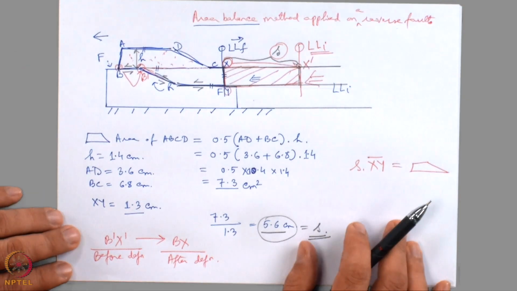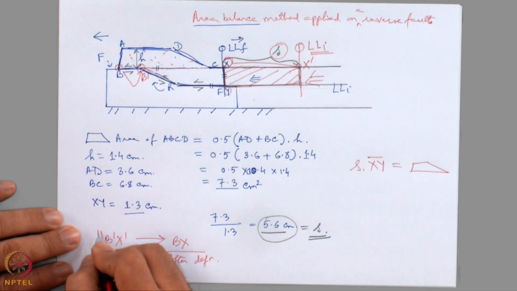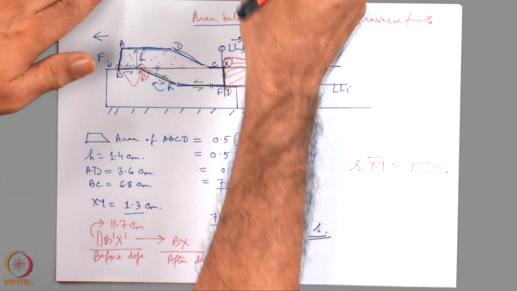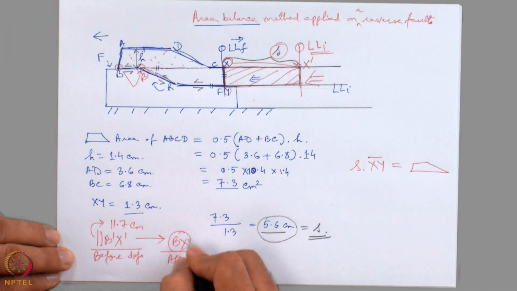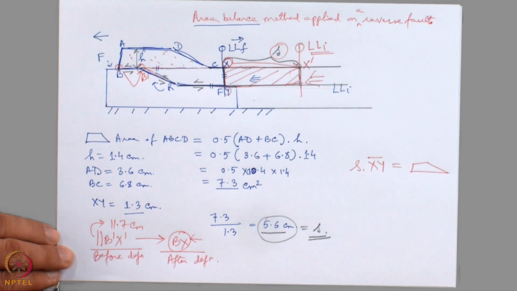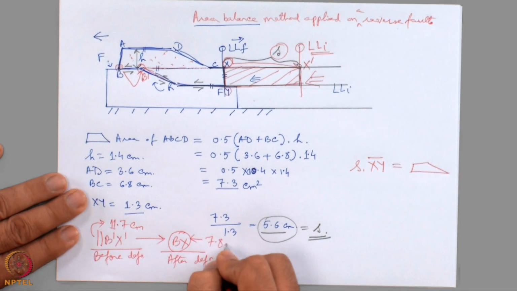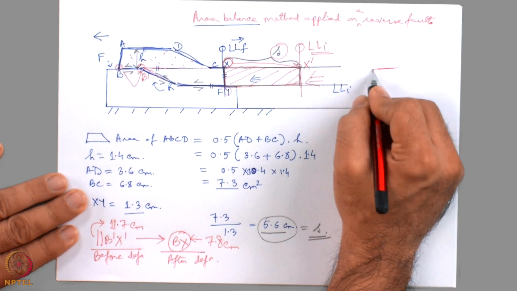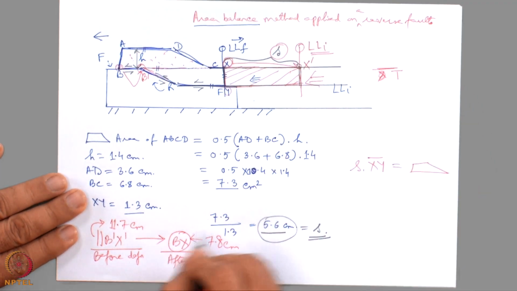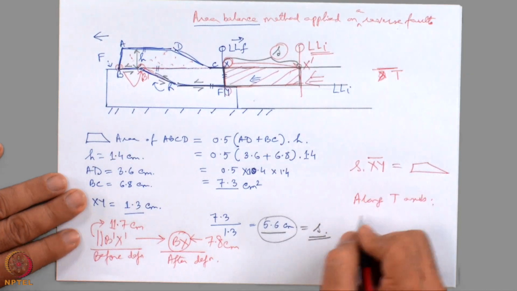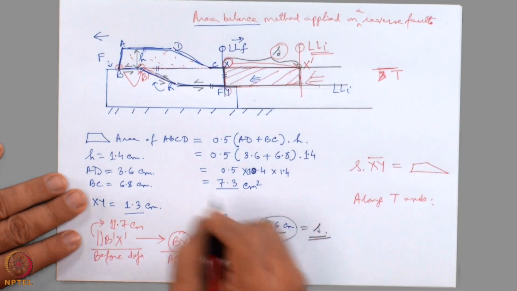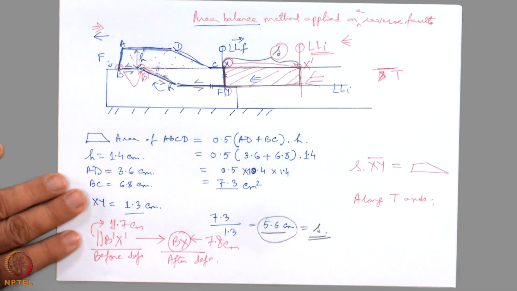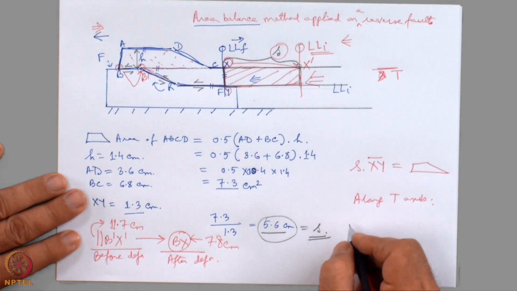deformation. In this sketch, B dash X dash length is 11.7 centimeter and the Bx length is 7.8 centimeter, which means along this axis, the T axis, there has been a shortening that was expected because reverse faulting is produced due to shortening in the shallow crustal domain.